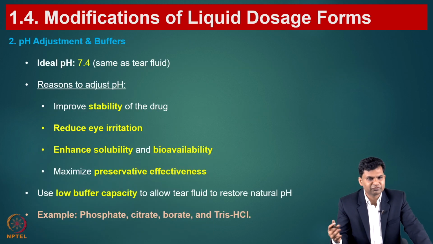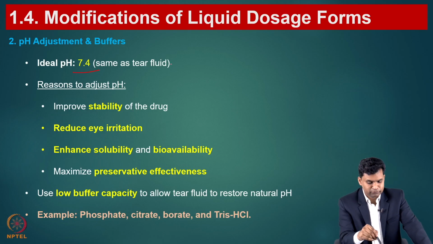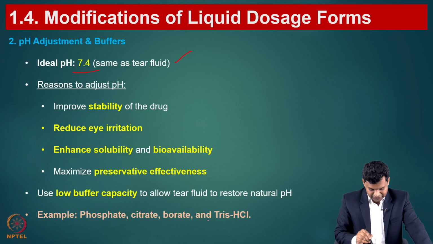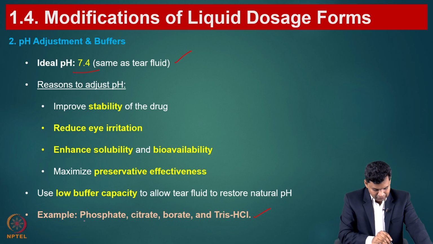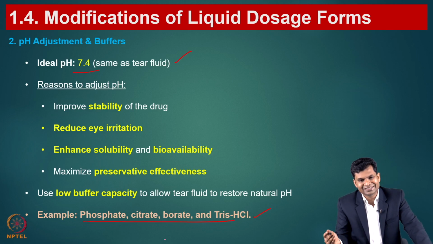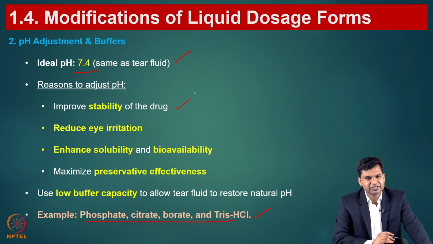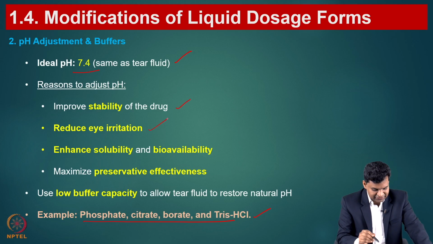Now, pH adjustment we have discussed already. We need to maintain a pH of 7.4 accordingly. For that, we can use various types of buffers: phosphate, citrate, and borate HCl. So, we use buffers to maintain the pH. When we use the various buffers, that will improve the stability and also reduce the eye irritation.